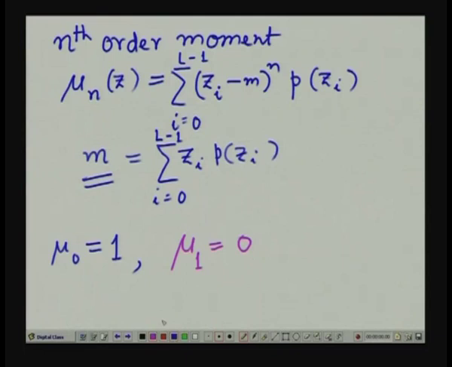But very important is the second order moment mu_2. Following this same expression, mu_2 is nothing but the summation of (z_i minus m) squared p(z_i), for i equal to 0 to capital L minus 1. From this expression, you find that mu_2 is nothing but the variance, which we normally write as sigma squared z.